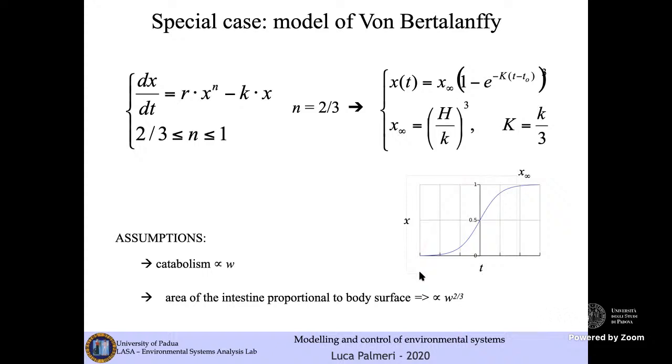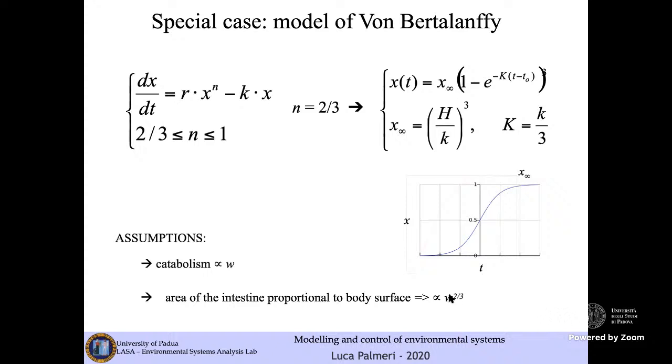This is why, from some ecological constraints consideration that we will look at shortly, we may say that the fact that the area of the intestine is proportional to the body surface ends up with the fact that the energy absorbed by a feeding organism is proportional to the 2/3 of the weight of the organism.